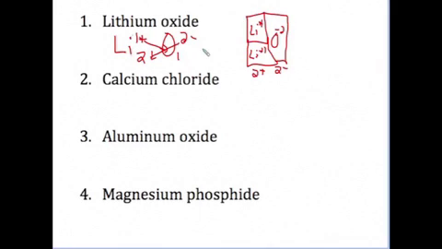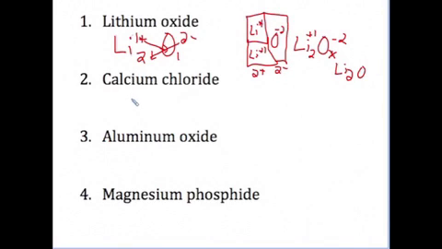So I call it the old switcheroo. You write the symbol, put the charge, write the other symbol, put its charge, do the switching, and you get Li2O. You never write the 1. If it's just 1, leave it off, because if you just write Li2O, nothing there means there's 1.